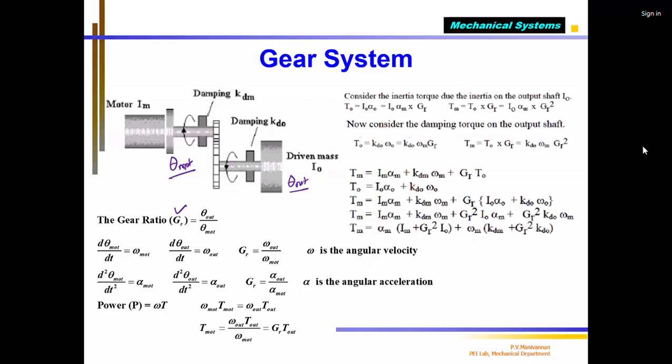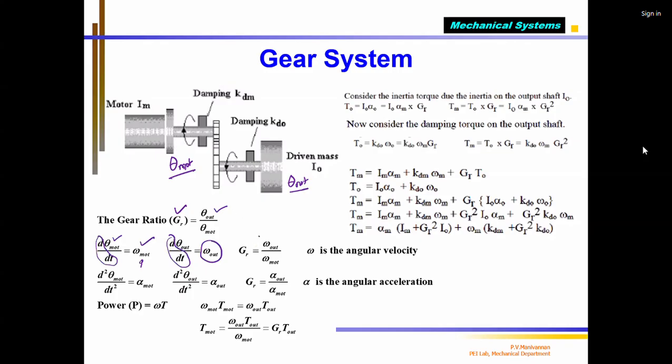Again, we can write this. If I want to find the velocity, what do I do? d by dt of the angular displacement of the motor equals omega of the motor, the motor speed. This is nothing but RPM. Similarly, I know the angular displacement of the output or load, so d by dt of that is the output load velocity, omega out.